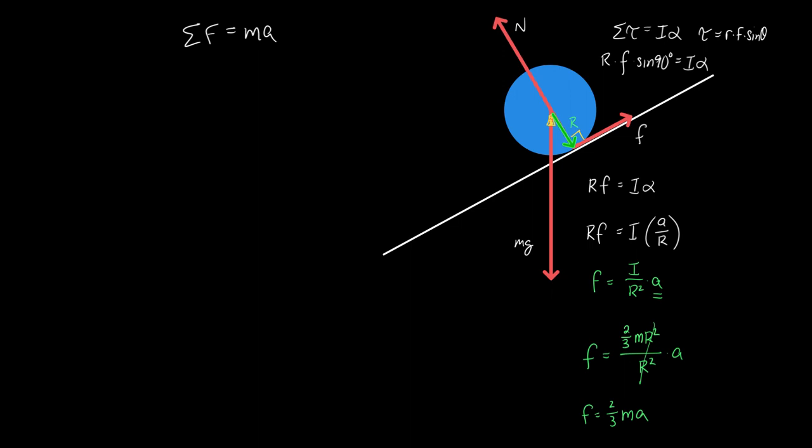I'm hopeful that you know that there's a component of the weight down the ramp, and that is mg sine theta. I encouraged you to memorize that last semester. So I'm going to write net force as mg sine theta down the ramp. I'm making this way positive. And friction up the ramp.